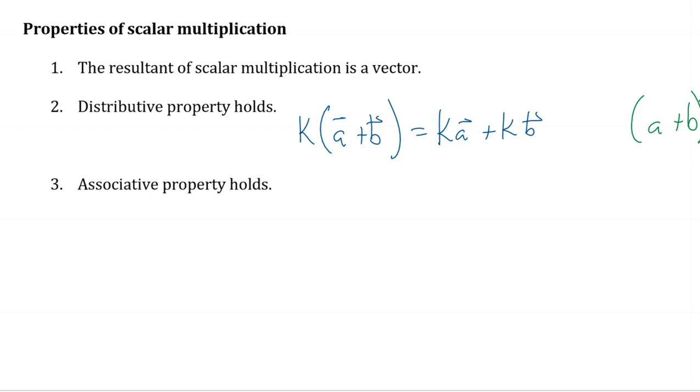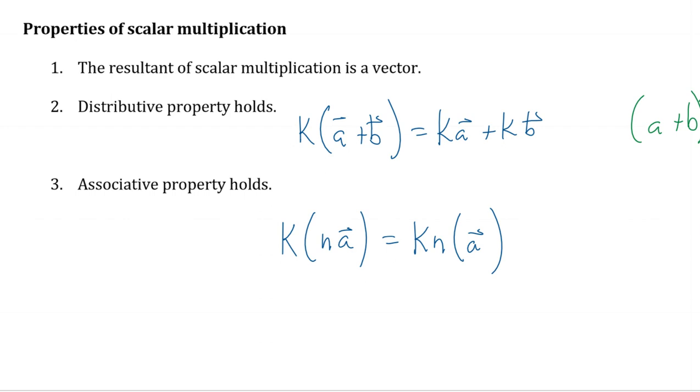The associative property also holds. So if I have a scalar k, and then another scalar n times vector a, that is equal to k times n times vector a.